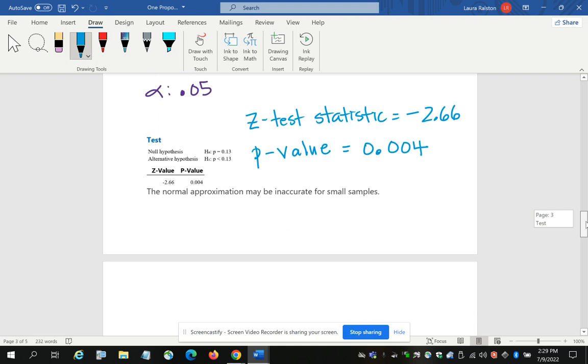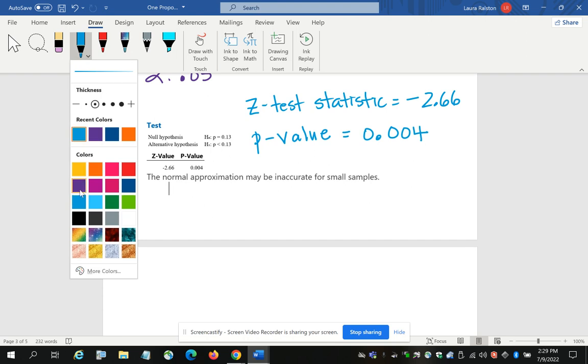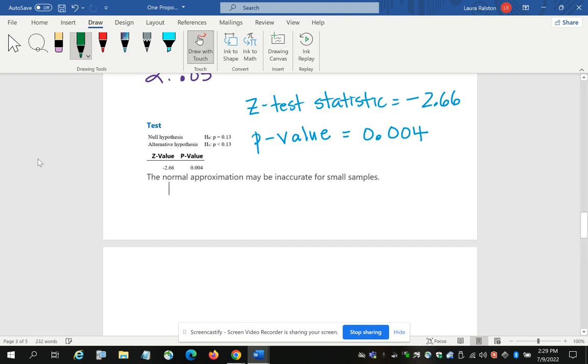I then have to compare that p-value to my level of significance. So I'm going to compare p to alpha. P is 0.004, alpha is 0.05.